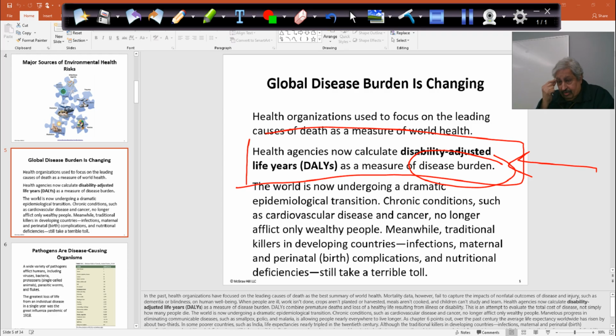Now we have chronic conditions such as cardiovascular disease and cancer. Those can be chronic diseases, but the well-being of humans now is very improved because we found a lot of medicine and drugs that can fight those permanent chronic diseases.